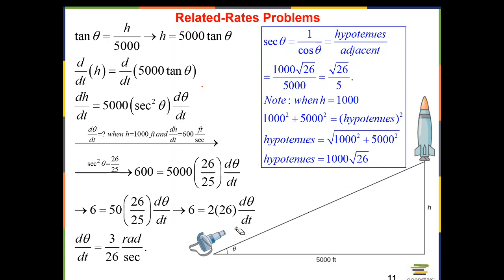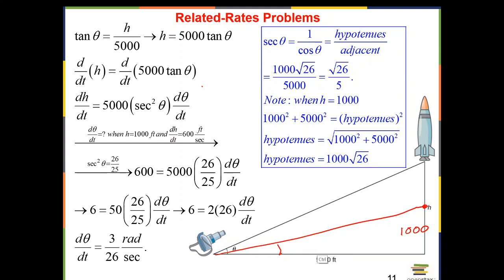So h equal to 1,000 means what? It means that at the moment when h is 1,000 here, this is theta here. So what is secant of that theta? Secant of that theta would be 1 over cosine. But what's the cosine of this angle?